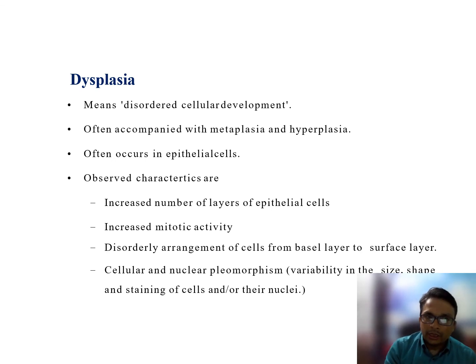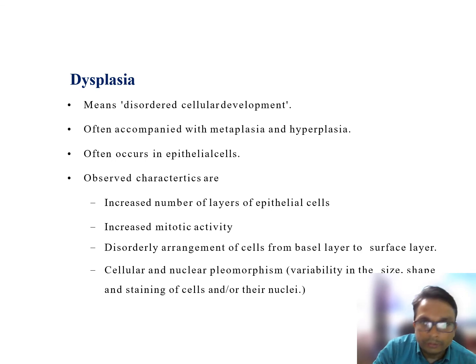You can observe characteristic changes in the epithelial cell lining, such as an increase in the number of layers of epithelial cells, an increase in the motility of epithelial cell lining, and a disorderly arrangement of the cells from the basal layer to the cell surface.